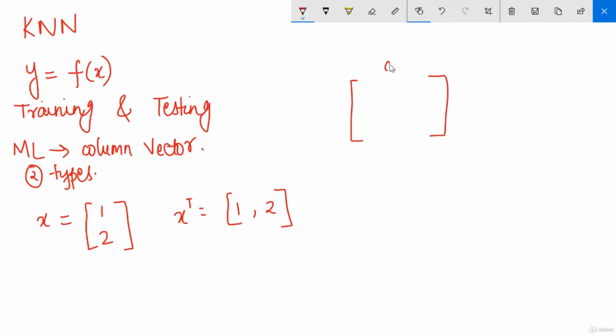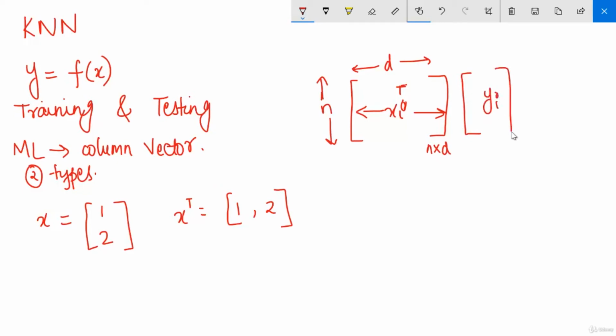This is our dimension, the number of rows and number of columns. This is our n, number of rows. This is xi transpose. So this is an n into d, n cross d matrix, and then we have yi, which is n into 1.